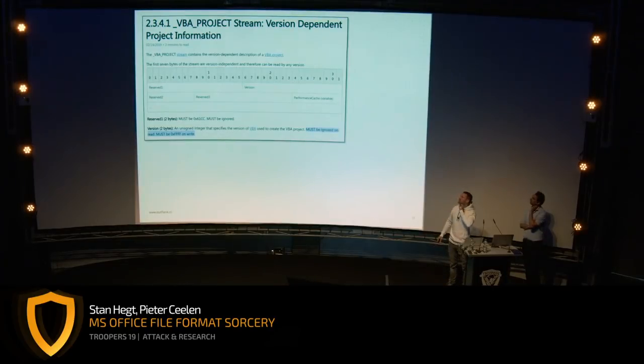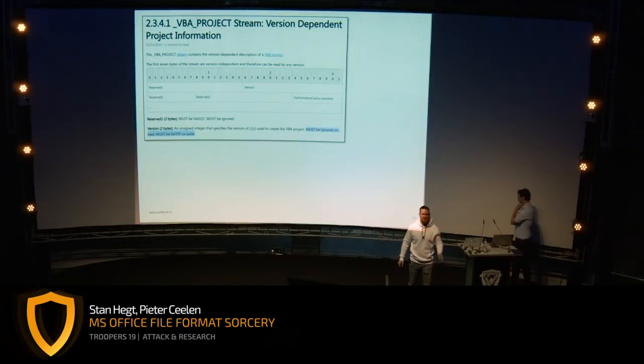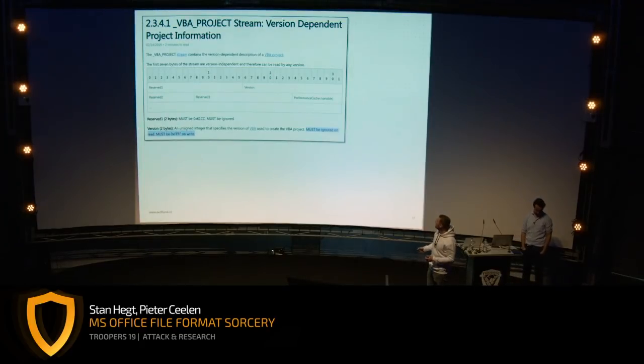So what it will look at to know if the version of Office matches the version of the file is in the VBA project stream, and there is a version byte there, and it says must be ignored on read, must be FF on write. So let's look at what is actually in there when I press save.